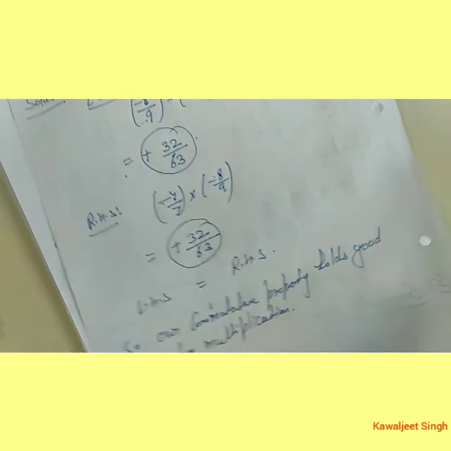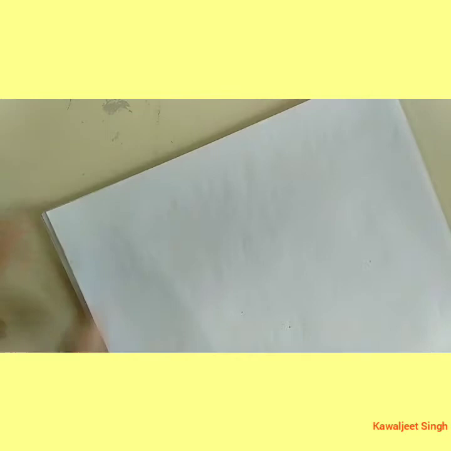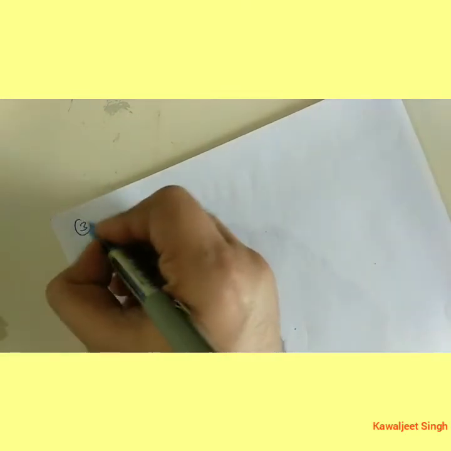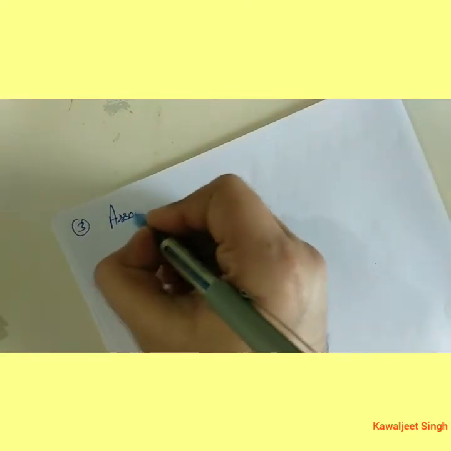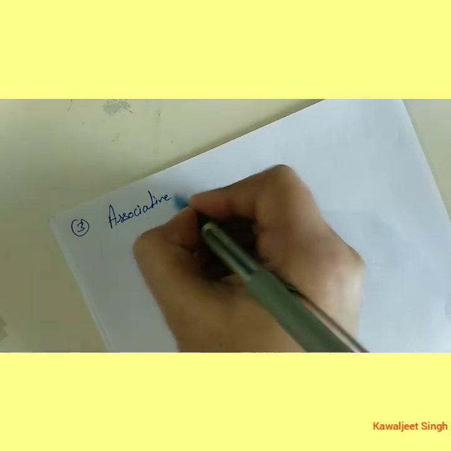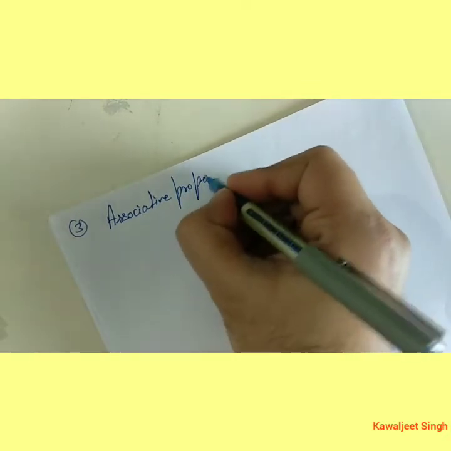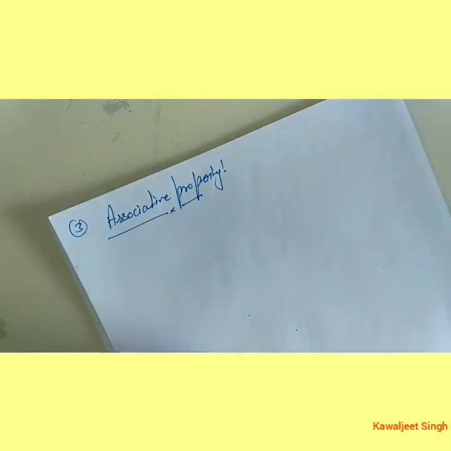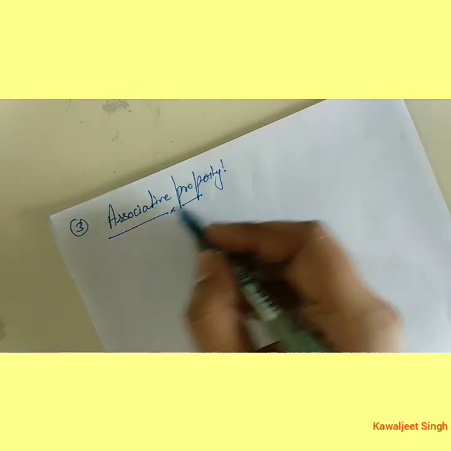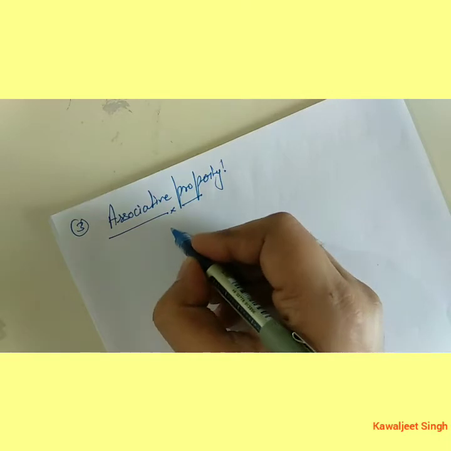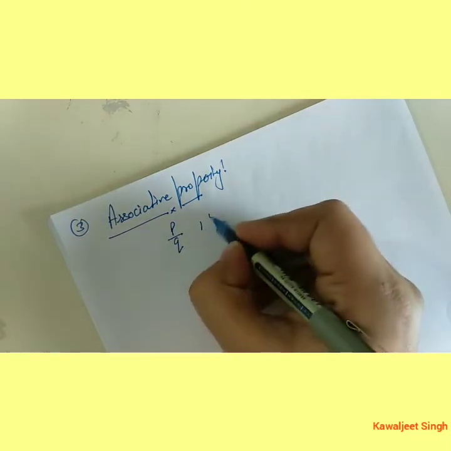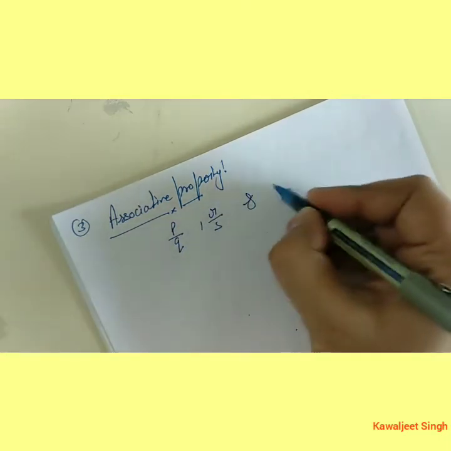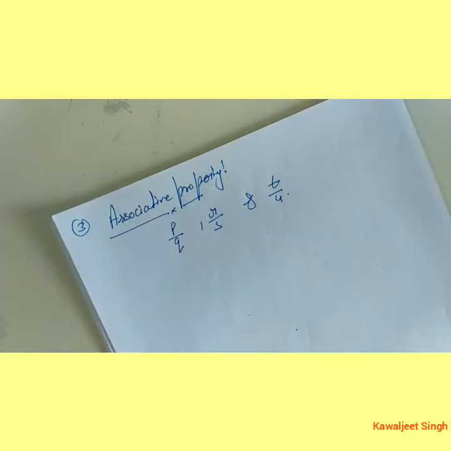Now after that our next property is the associative property. As in commutative property we take two rational numbers, similarly under associative property we have to take three rational numbers, suppose P by Q, R by S and T by U.